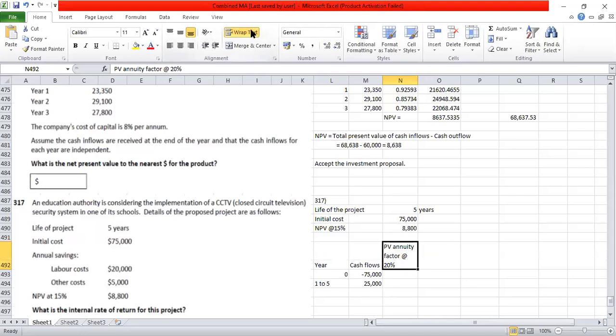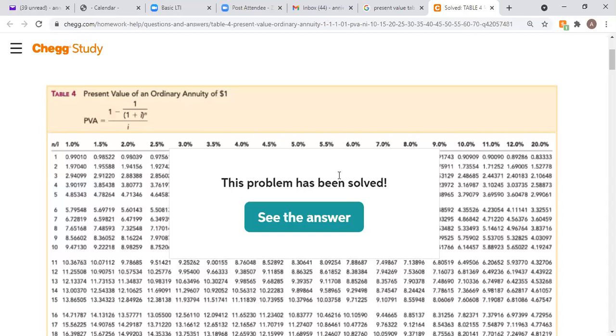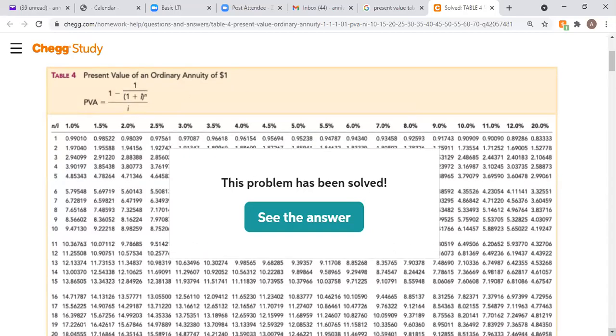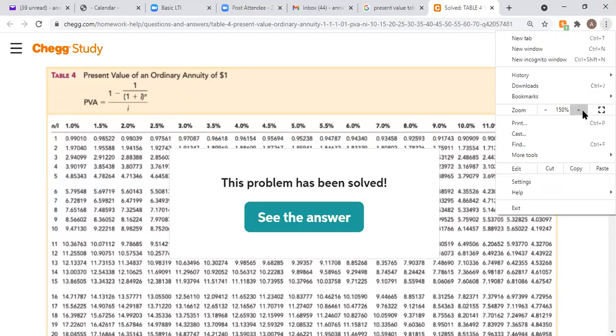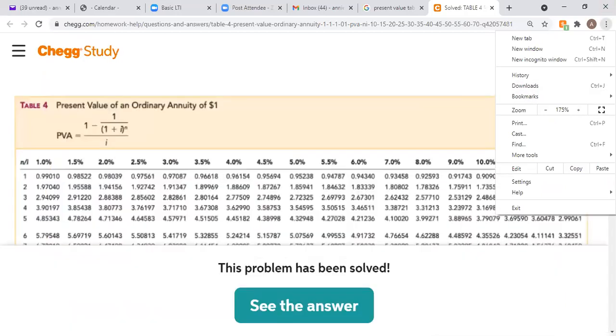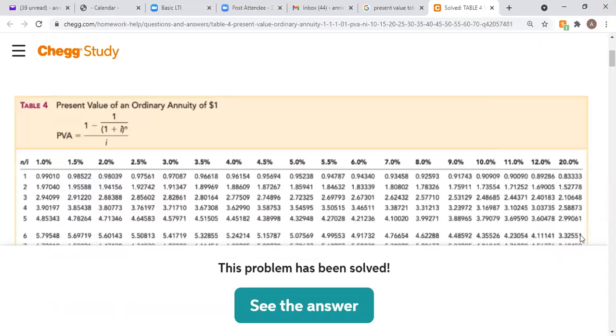Now see this one. You see this, the present value of an ordinary annuity of $1. So these are annuity values. Since we are selecting 20%, I just selected some site on the internet. So at 20%, we want the value for the 5th year.